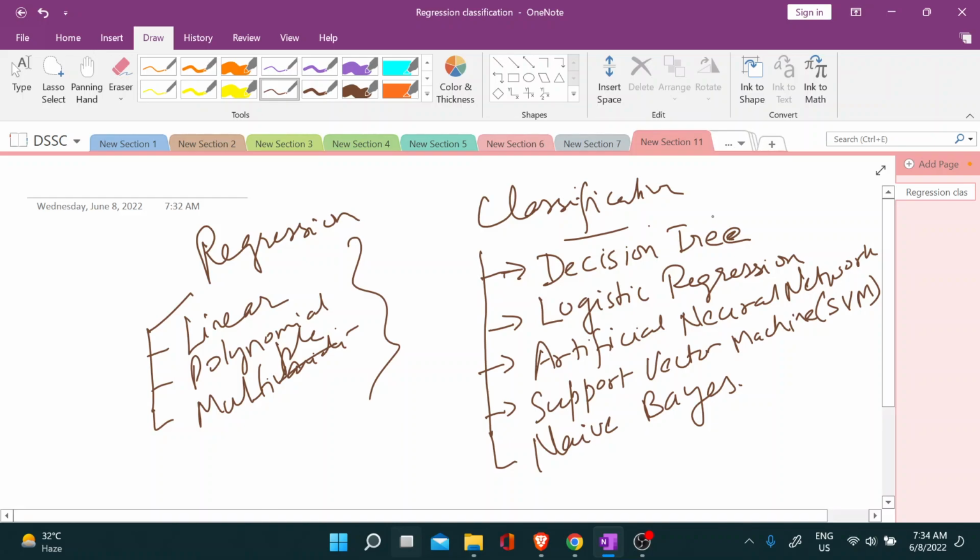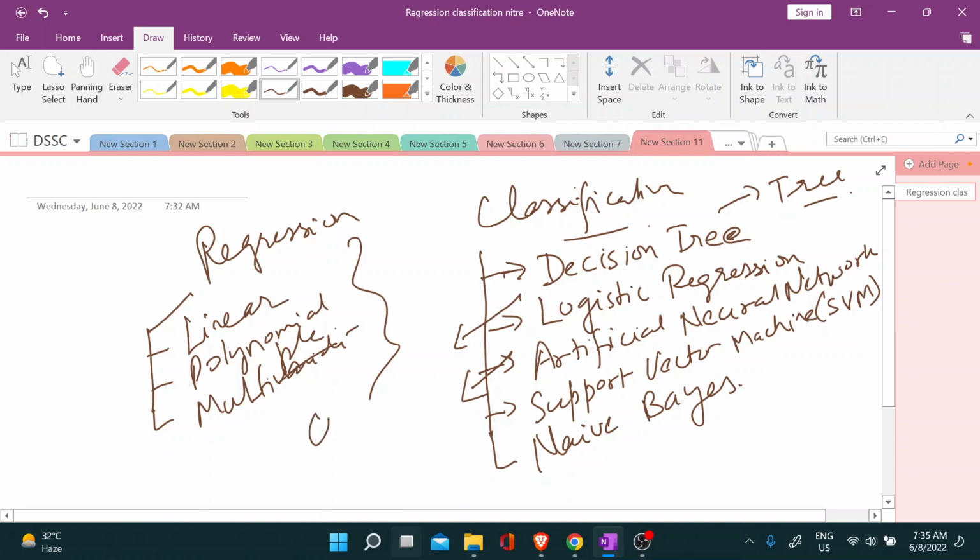For example, decision tree uses the tree structure of computer science for classification. Logistic regression uses the logistic function, the sigmoid function, for classification tasks. Artificial neural network uses the power of neural networks.